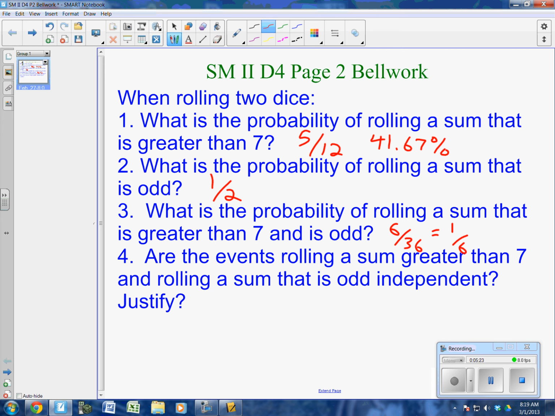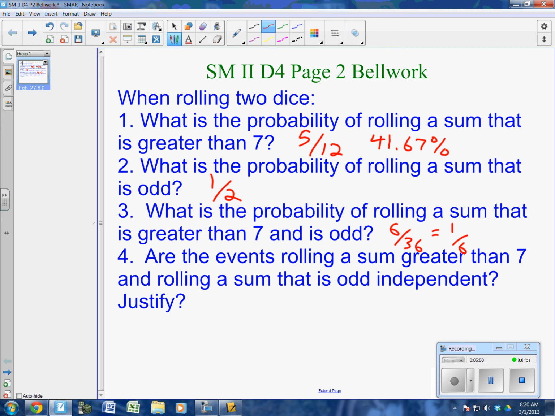No, it says rolling a sum greater than 7 and rolling a sum that is odd, they don't have to be the same. Are the events independent?